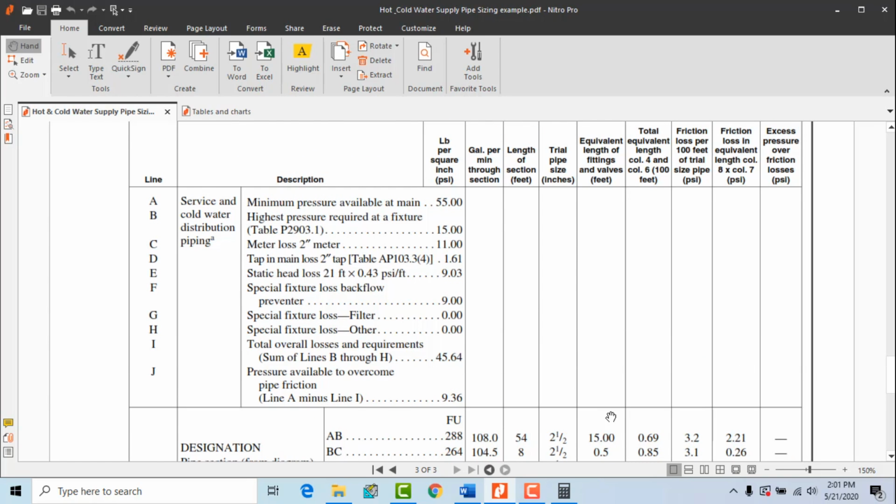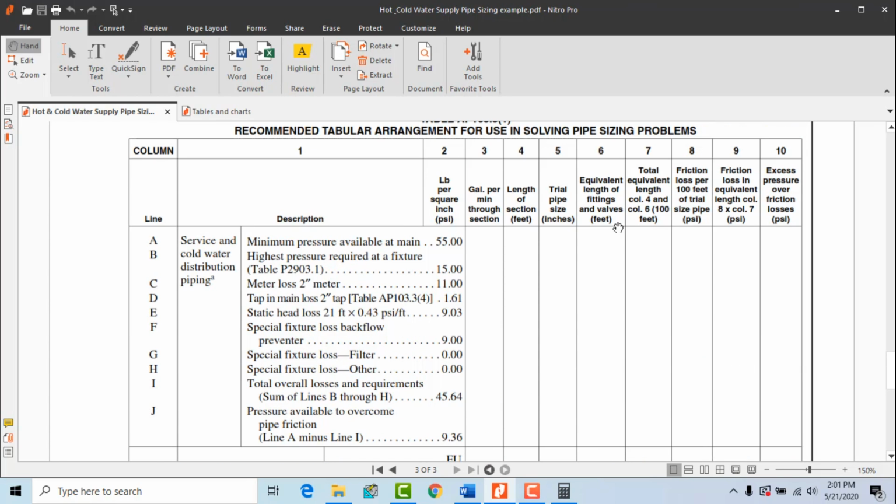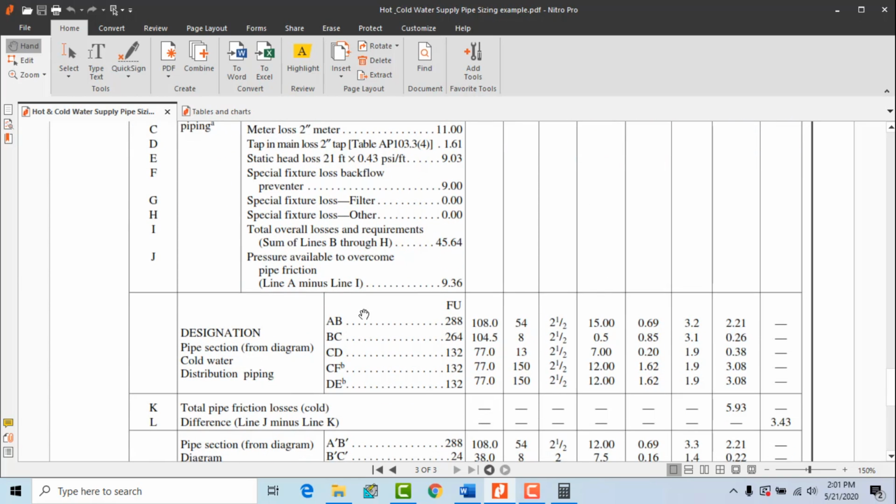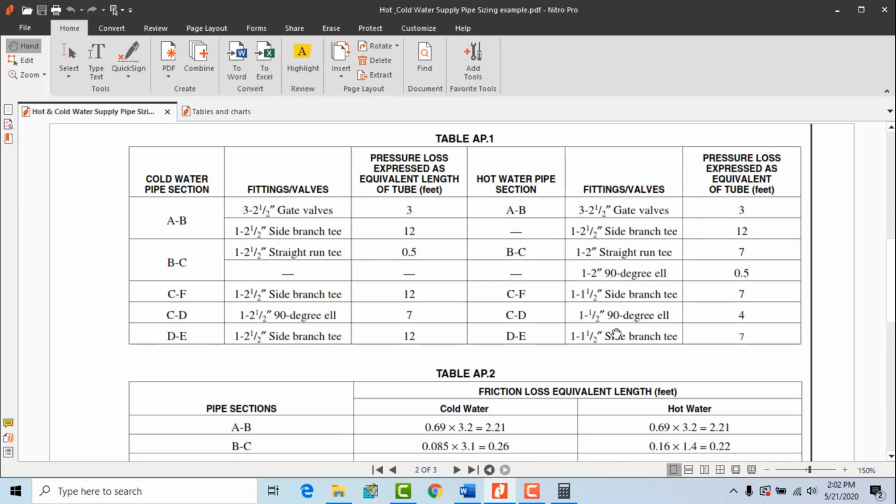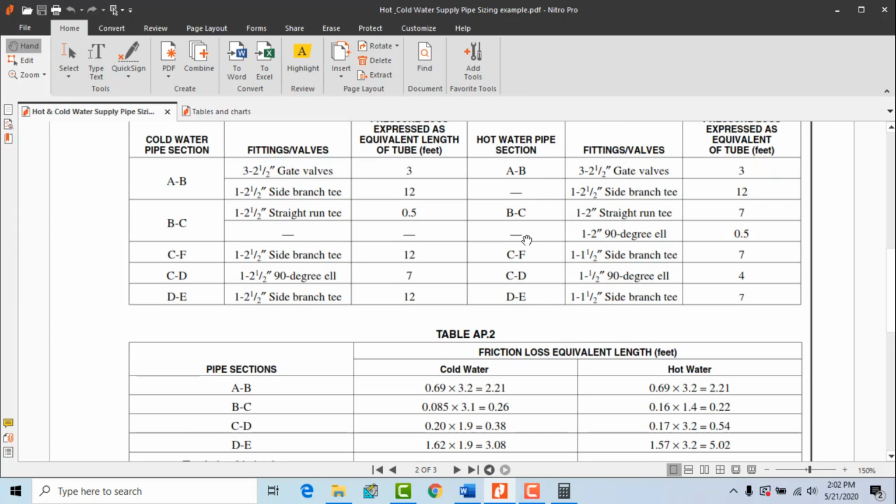Now move to the next column, equivalent length of fittings and valves. A to B, what fittings do we have from A to B? This is the table we have used for the fittings for the cold water pipe sections and the hot water pipe sections.